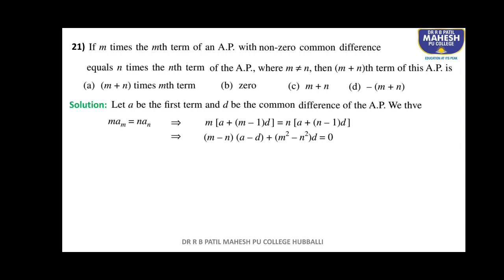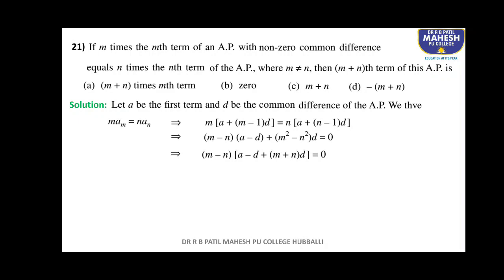In both the terms m minus n is common, because m square minus n square can be written as (m plus n) into (m minus n). Therefore we can take out (m minus n) common, and we have (m minus n) into (a minus d plus (m plus n) into d) equals 0.